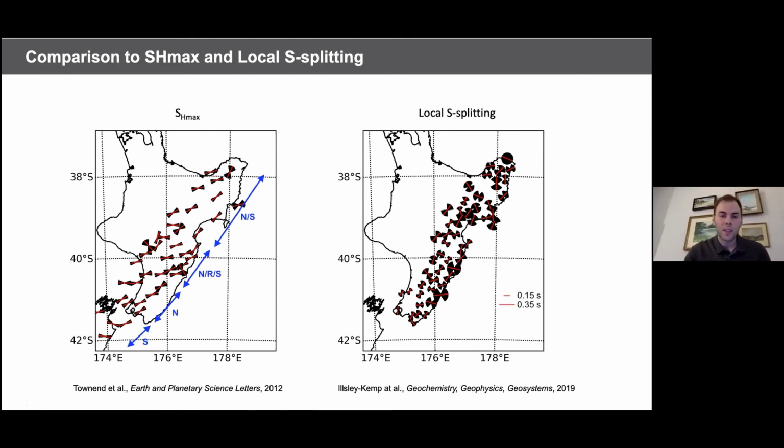So it's actually difficult to resolve and compare the two. And so it's unclear what these orientations represent, if they're above the plate interface or if those orientations represent horizontal stress within the downgoing slab.